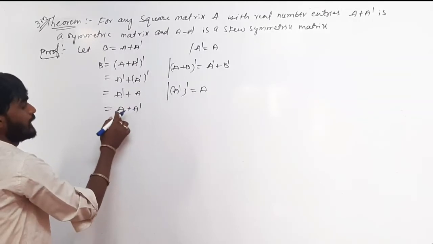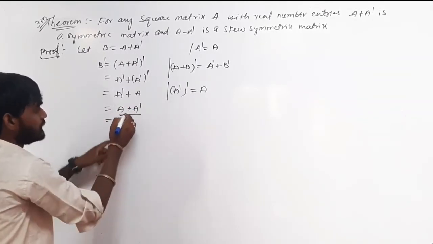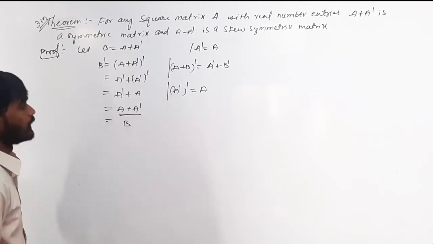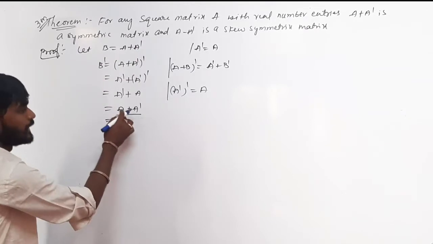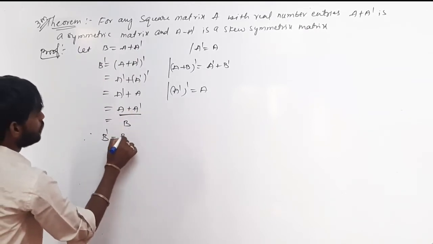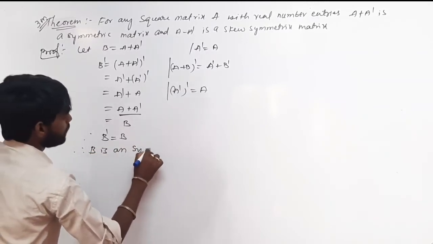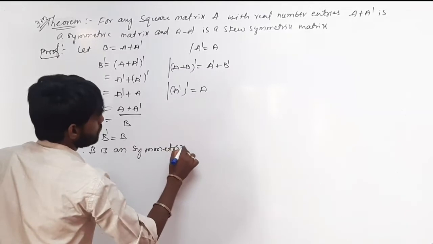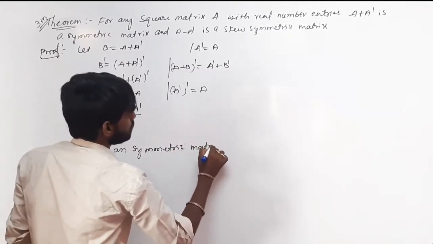We got A plus A dash, and that is equal to B. Therefore, B dash is equal to B. Therefore, B is a symmetric matrix.